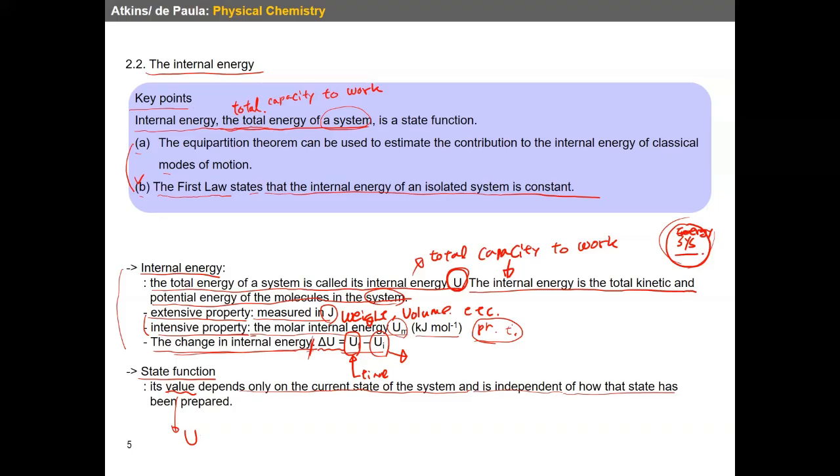So the concept of internal energy only explains the current state of the system. It cannot explain how the system reached this current state. It doesn't consider the history of the system, but is interested in its current state. That is the point: this is a state function.